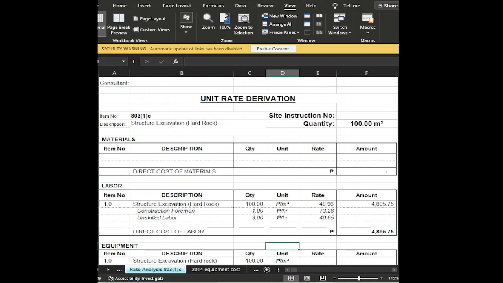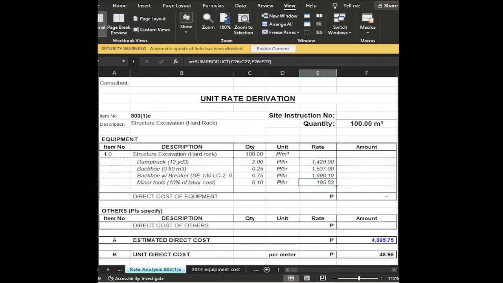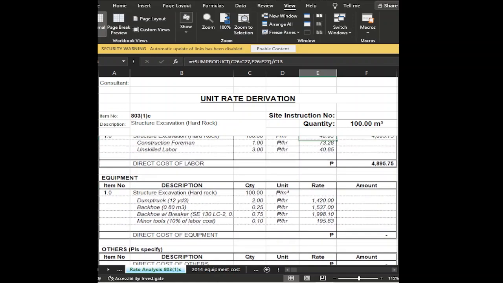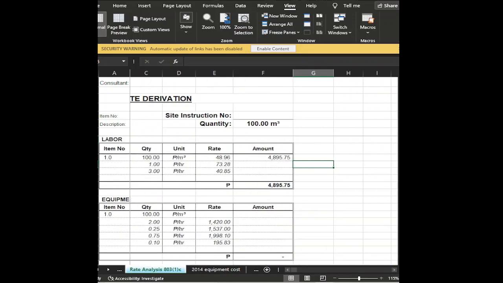That's why we just get the quantity and the rate here. So this is the total sum product. If we get it manually, we just multiply this one to here and this one the same, and we will get the total. So that is 195. This is the same, guys. See, that is how to get it manually.